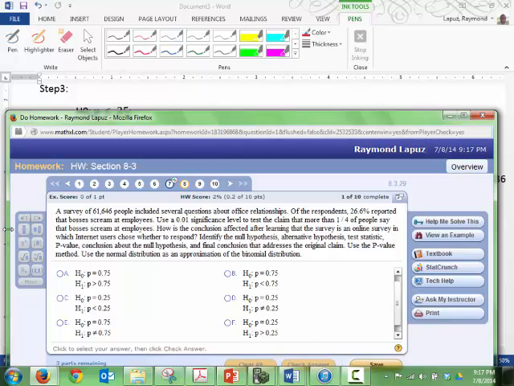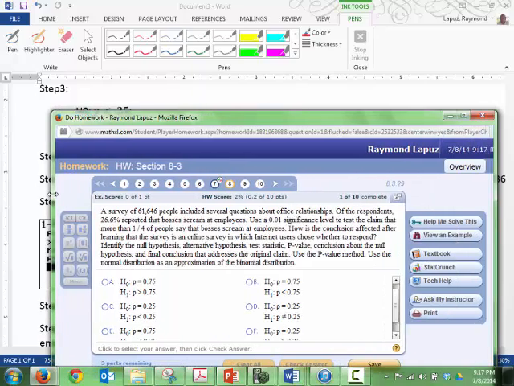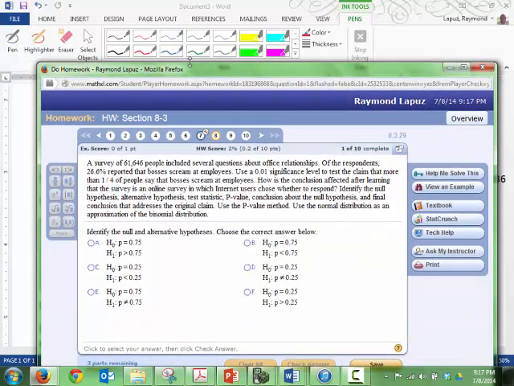So what's going to distinguish our answer is the alternative hypothesis being greater than. So we look for the alternative hypothesis. That's P is greater than 0.25. Which one is it? F. All right.